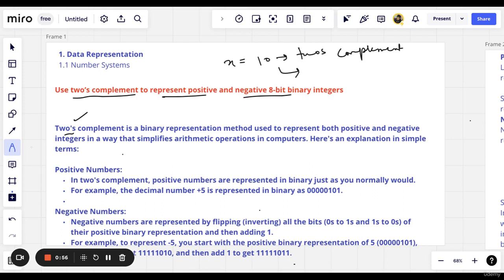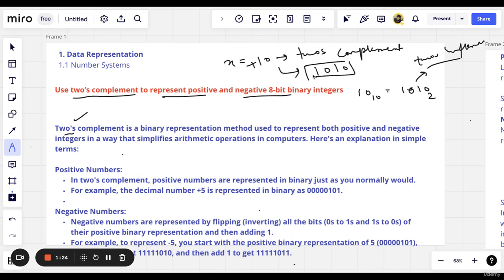As we have discussed in the previous videos, 10 in decimal is 1010 in binary, and we can also say that this is a 2's complement. So see, nothing complex, just fancy saying, because this is a positive integer, the 2's complement of this decimal number is simply the binary representation.